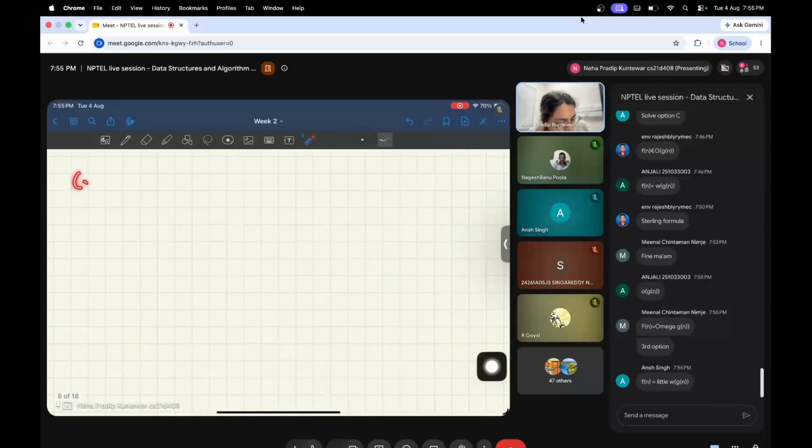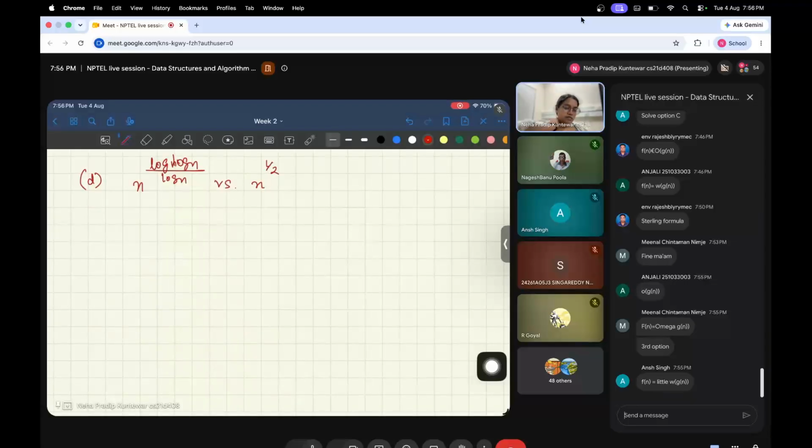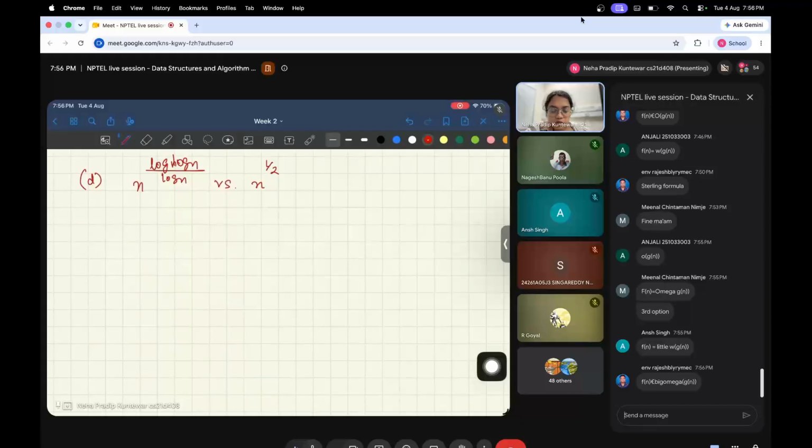So let's look at the comparison. For part D, you have n to the log n by log n versus n to the 1 by 2. So we will compare log n by log n versus 1 by 2.